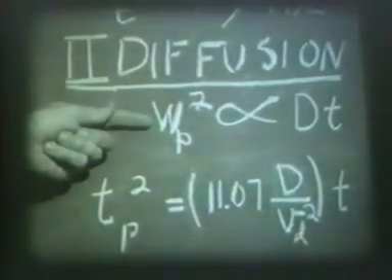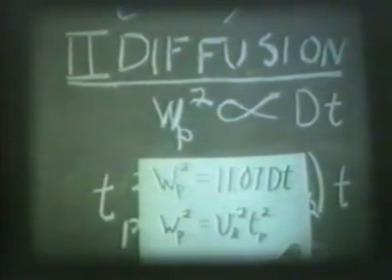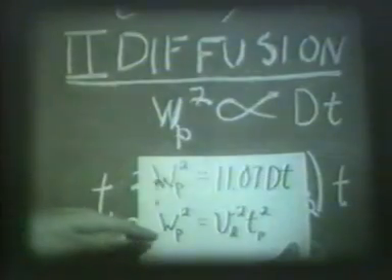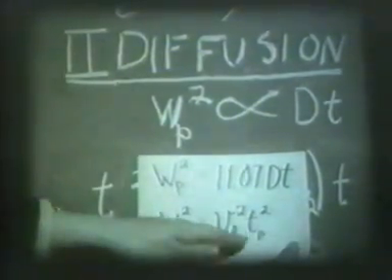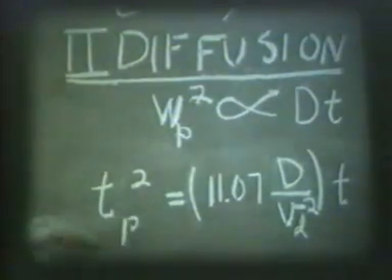We used diffusion theory to calculate the proportionality constant. To compare this theory with experiment, we express w sub p in terms of t sub p and v sub d and obtain this equation.